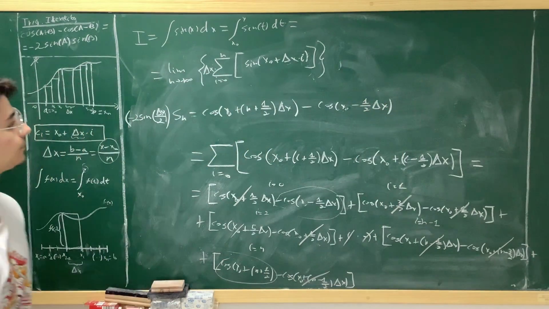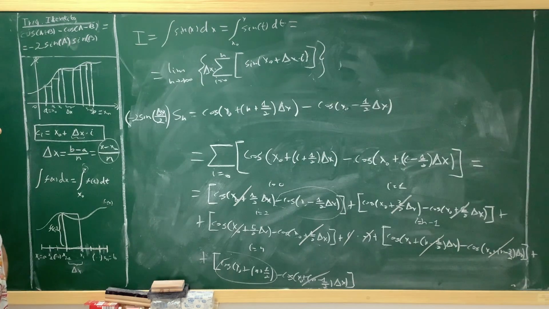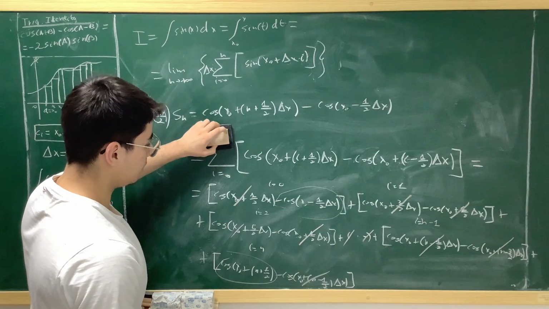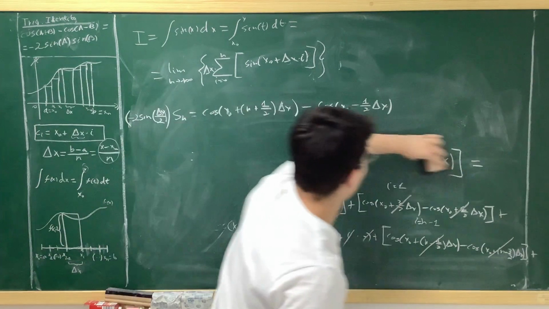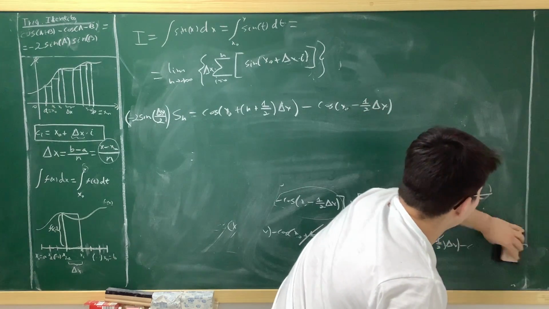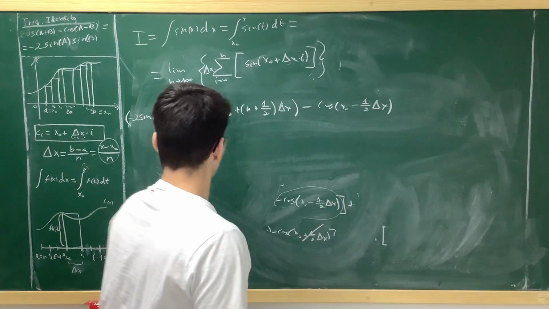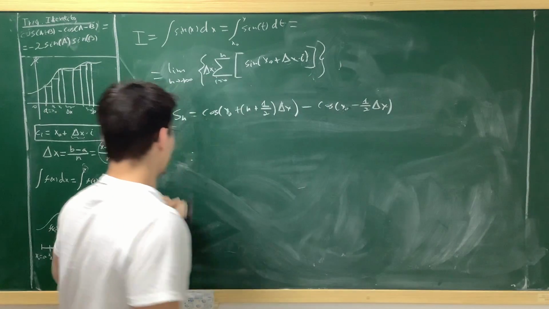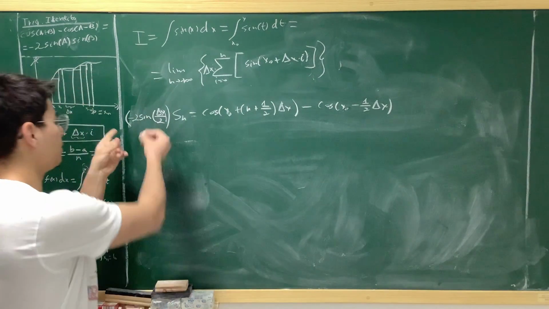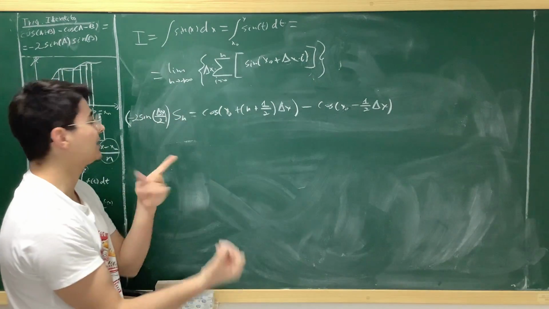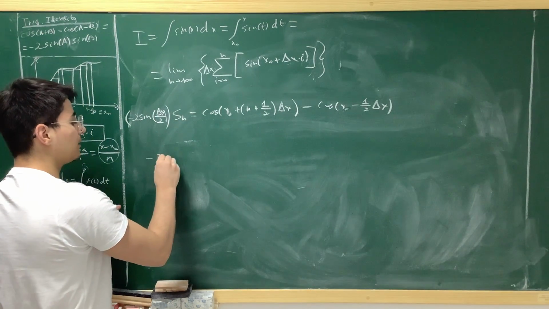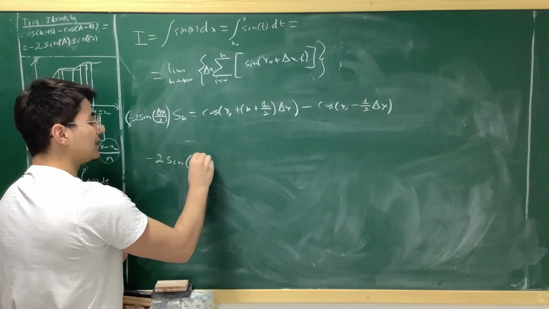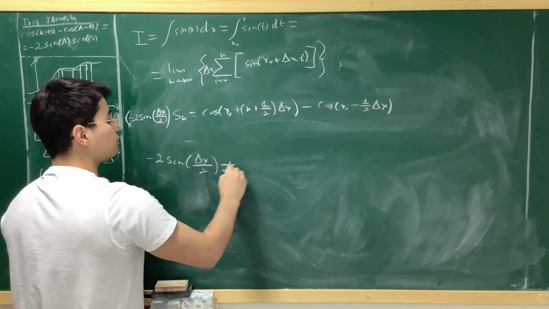Okay? Yes. Okay, so I'm just going to erase all of this. So the next obvious step is that we want Sn, so let's just divide by this, but be careful. To divide by this, we have to assume that minus 2 times the sine of delta x over 2 is not 0.